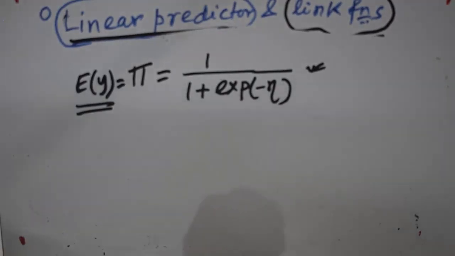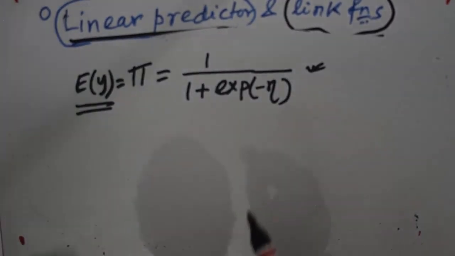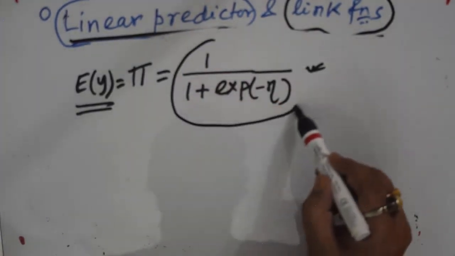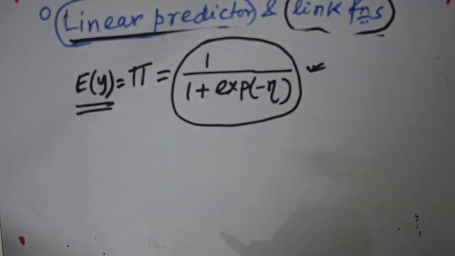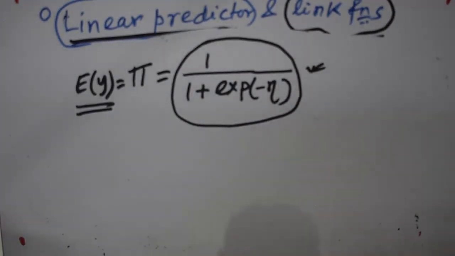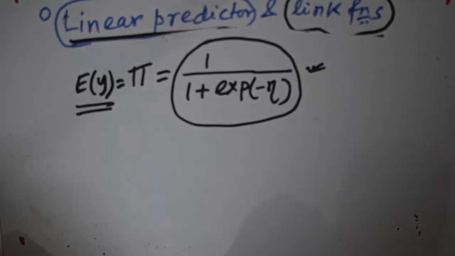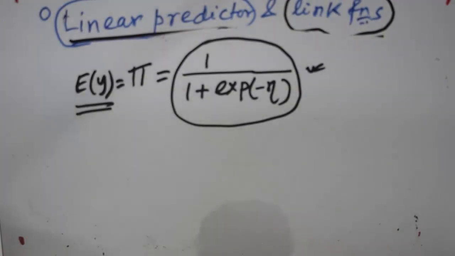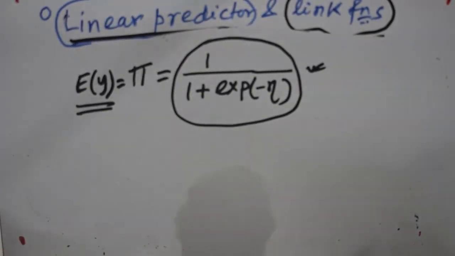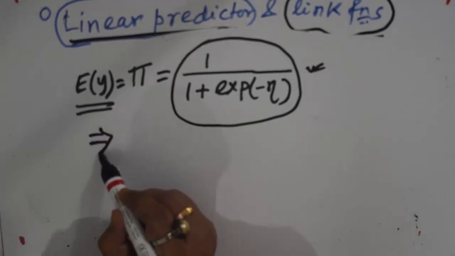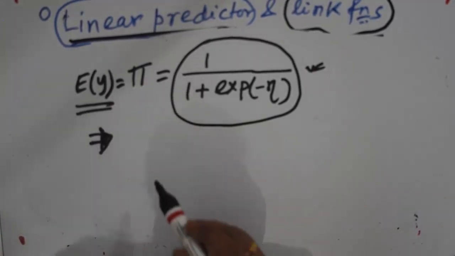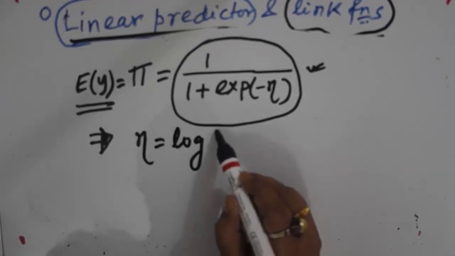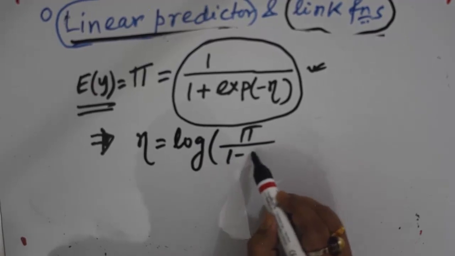In particular, the logistic distribution, whose CDF is the simplified logistic function, yields a good link and is given by this. So pi equal to 1 by 1 plus exp minus eta. So this implies eta equal to log pi by 1 minus pi.